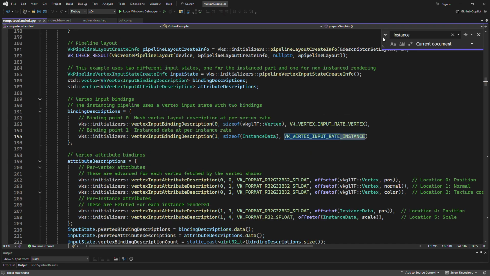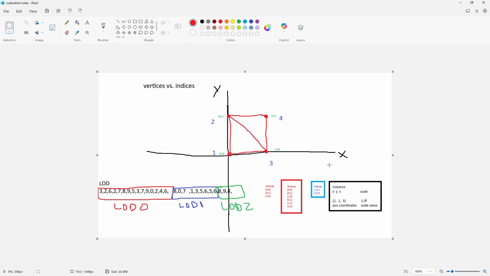Now, what gets a little interesting is that we have our vertex data and we have our instance data. Vertices and indices basically, when you're building an object, you run through all of the vertices for that object.